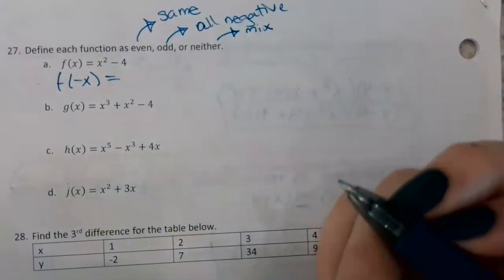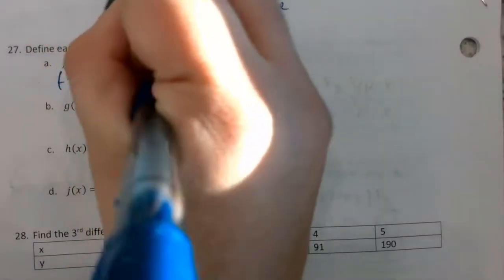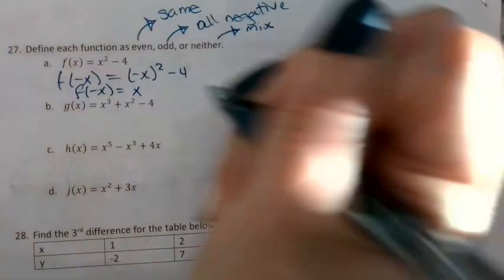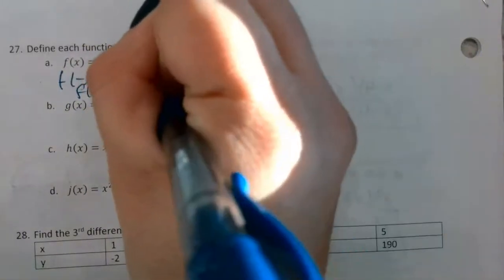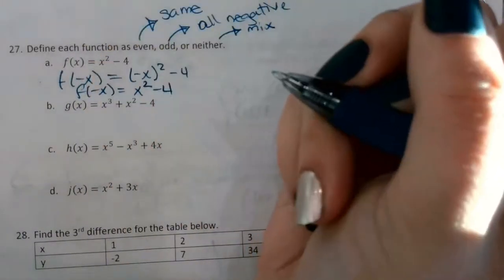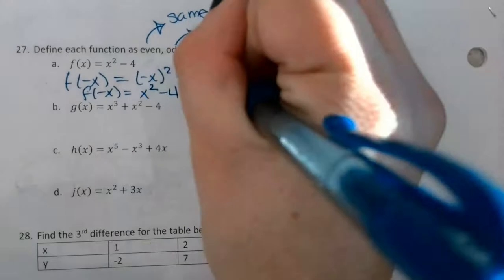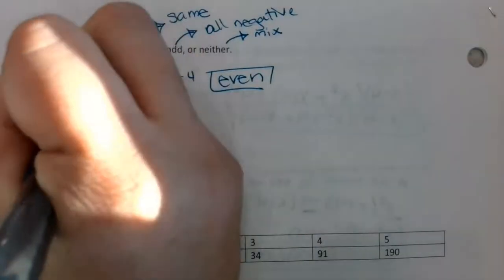So I plug in -x, and I have -x squared minus 4, which gives me x squared minus 4, because a negative number squared is always positive. This is the same as what I started with, so this one is even. I'm going to do the same thing for b.